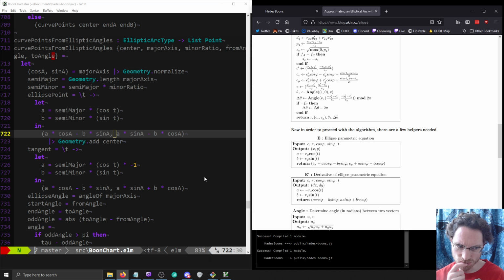Okay, Rx I think is going to be the semi-major cosine, semi-minor sine t. Adding center should be trivial. A times cos minus b times sine. A times sine minus b times cos.